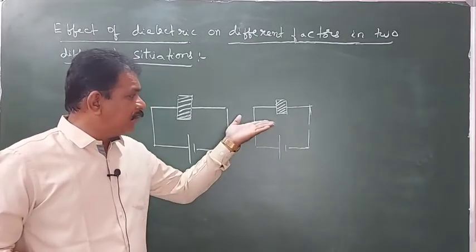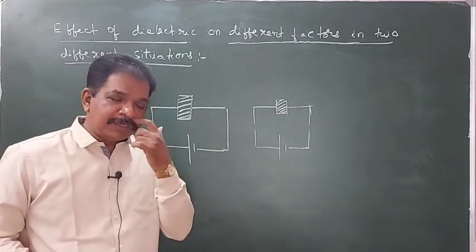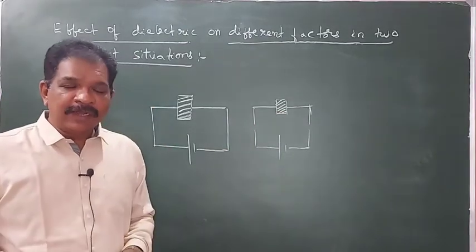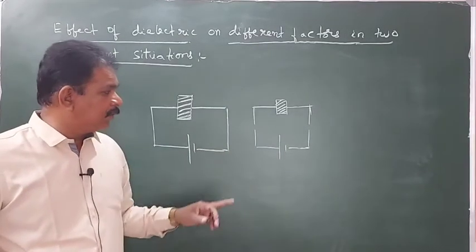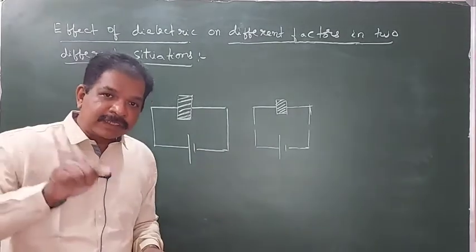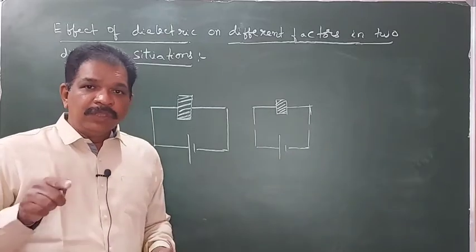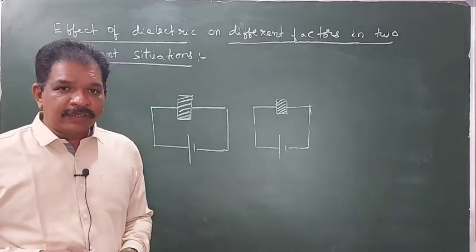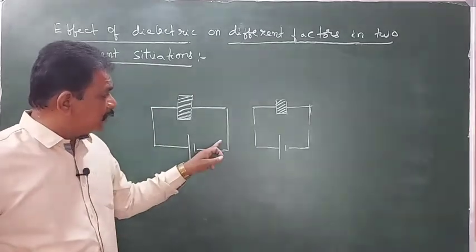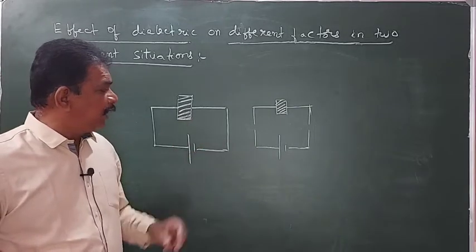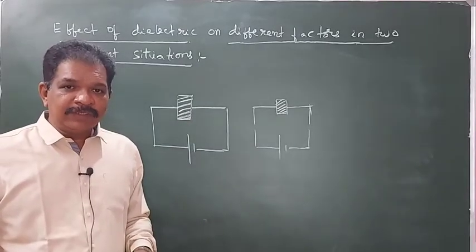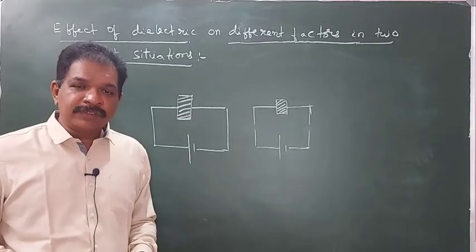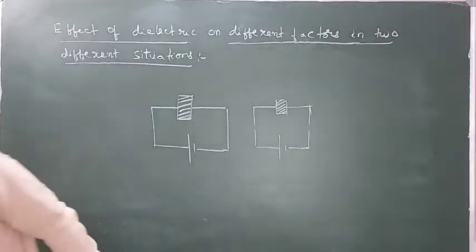Then, what will happen to the charge, potential, electric field, energy? Like that, questions will be there. So, after disconnecting the battery, if we introduce dielectric, or without disconnecting the battery, if dielectric is introduced, how the different factors will change, on that questions will be there. Clear? Okay.